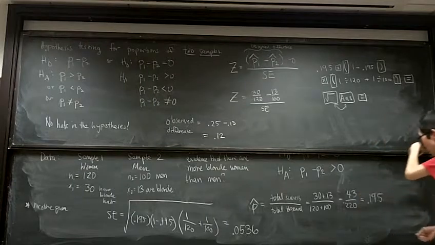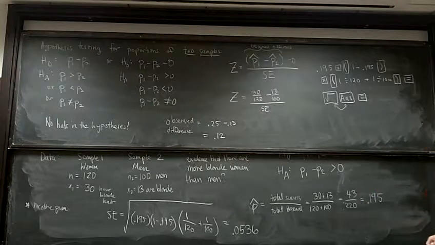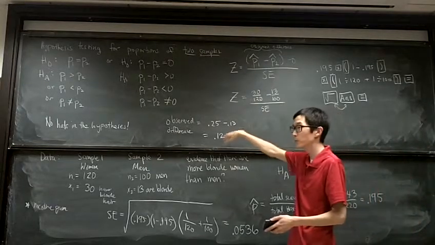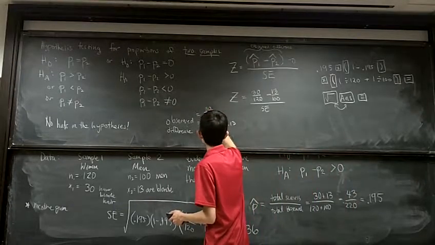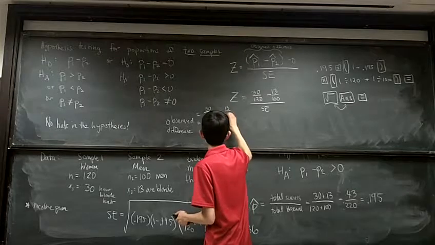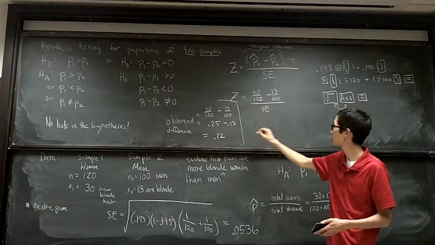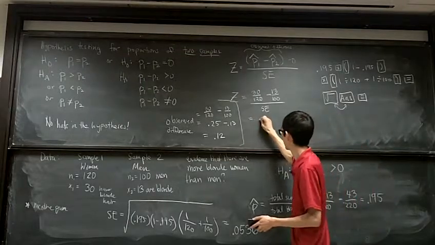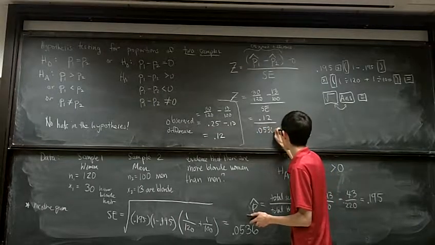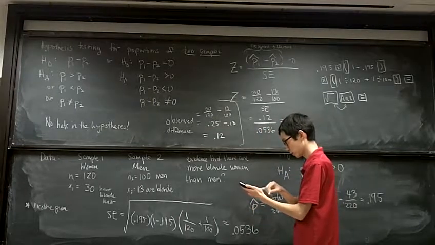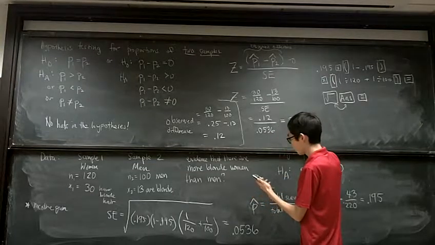That's what we want to know. 0.25 minus 0.13 is 0.12. So this is 30 over 120 minus 13 over 100. So I get 0.12 as my observed difference divided by 0.0536. I get a z-score of 2.24.